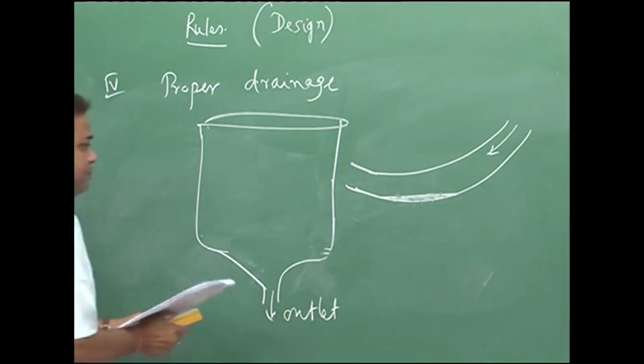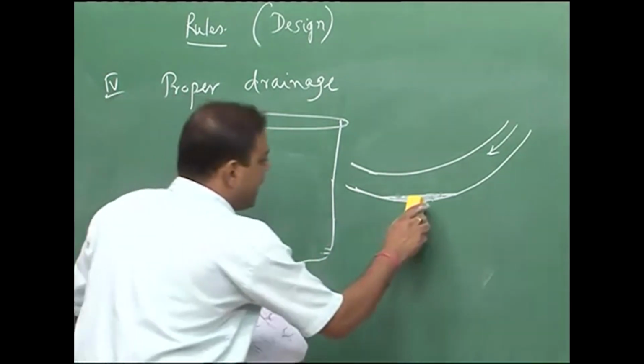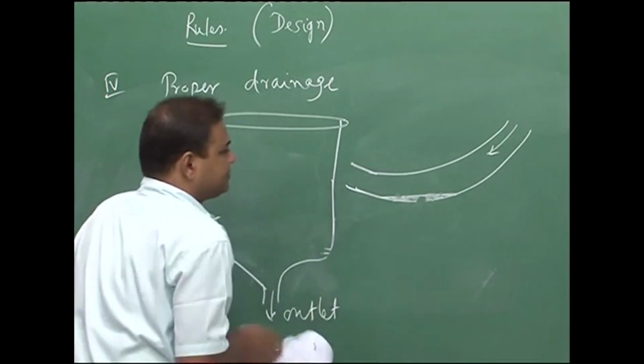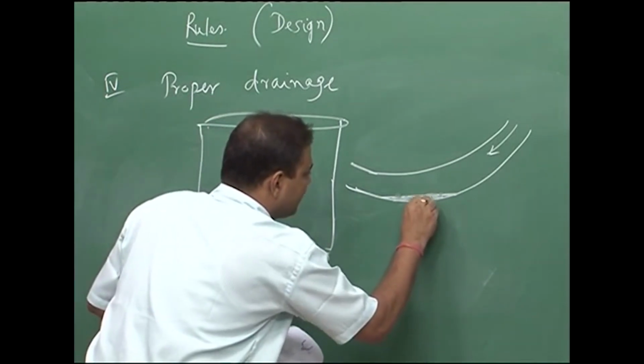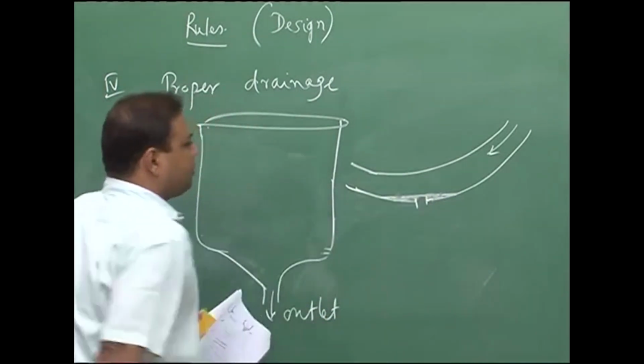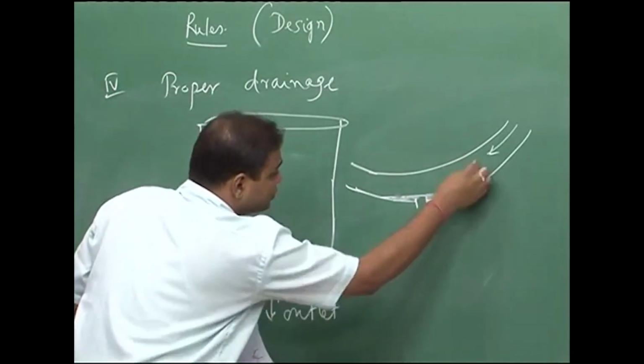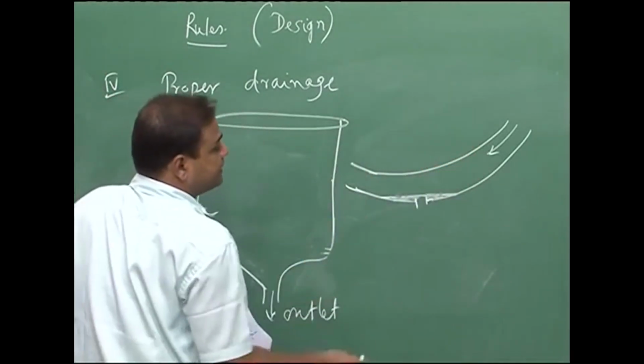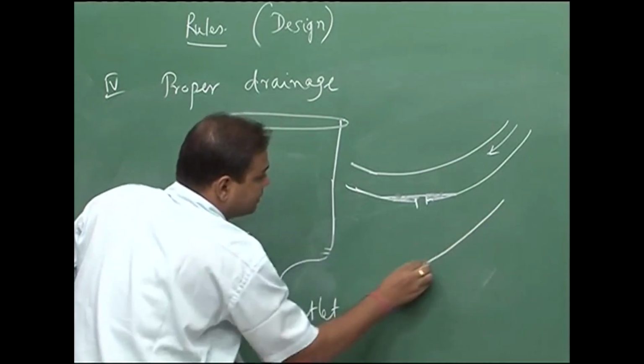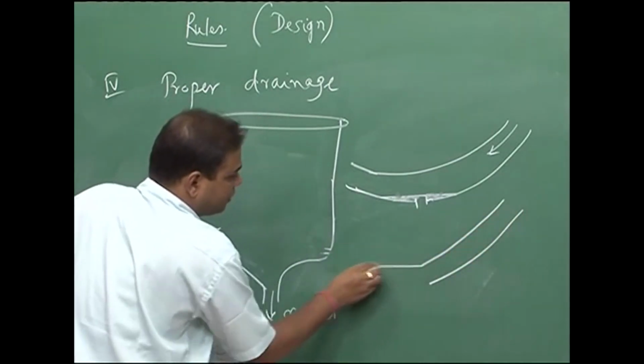So, the proper design would be, if we have a system like this, we can think of something like that, with an outlet like this, so the water can flow out. Mainly we should not have a bent pipeline like this; the pipeline should always be like this or like this.